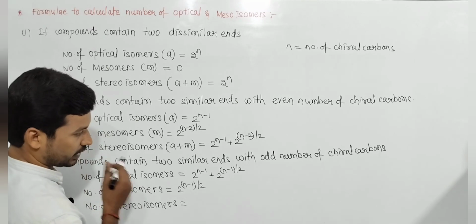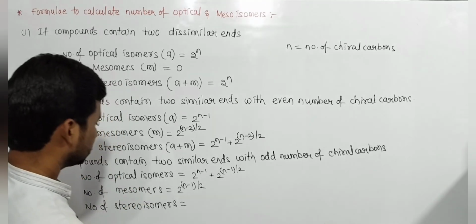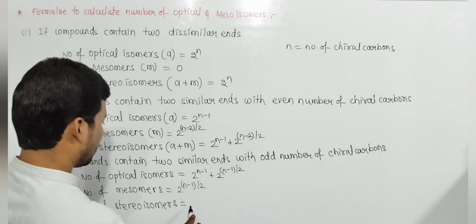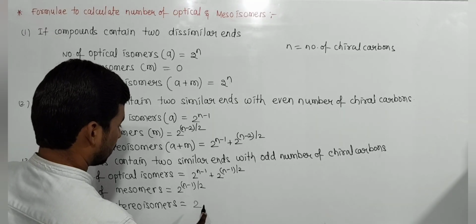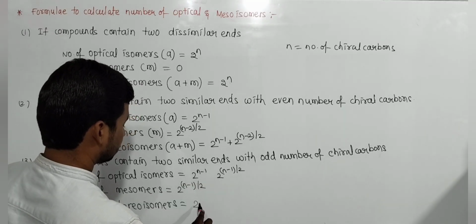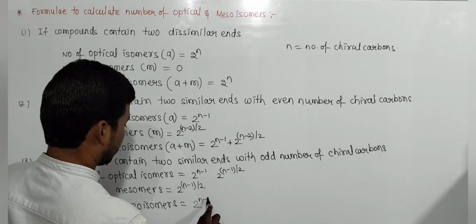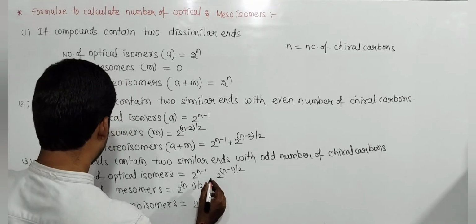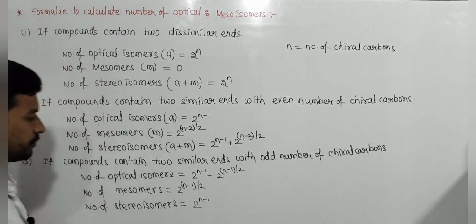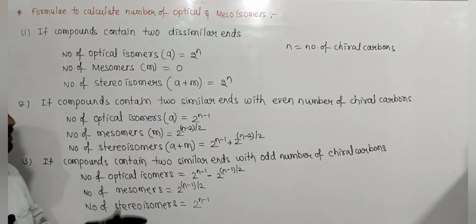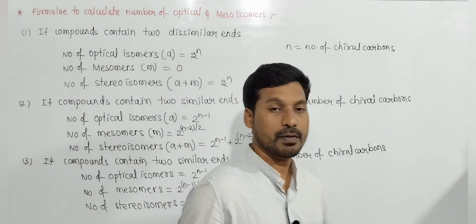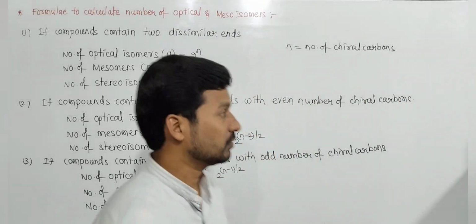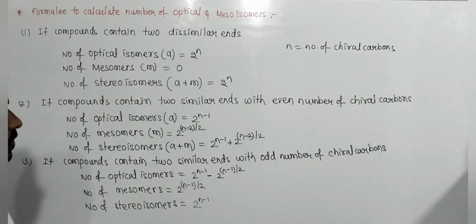If these two are cancelled, then it is 2 power n minus 1. In this way, we calculate the number of optical isomers and mesoisomers whenever the number of chiral centers is known. Okay.